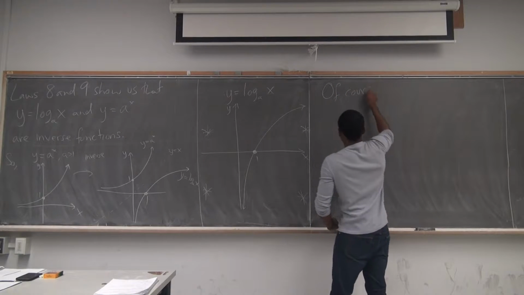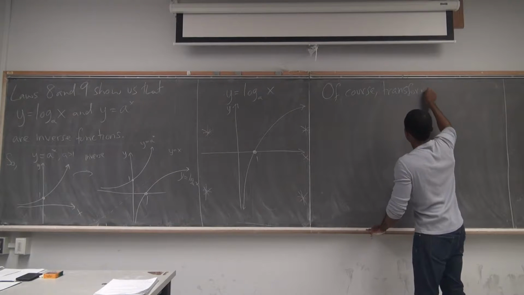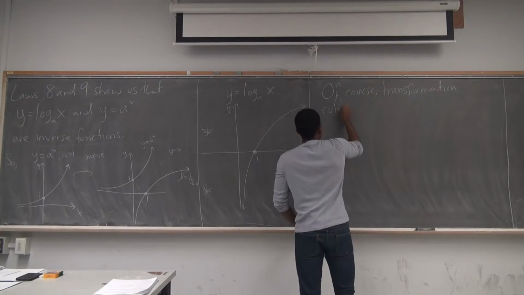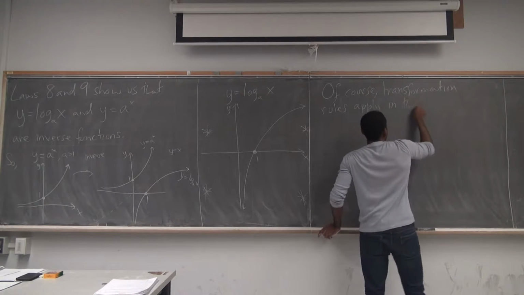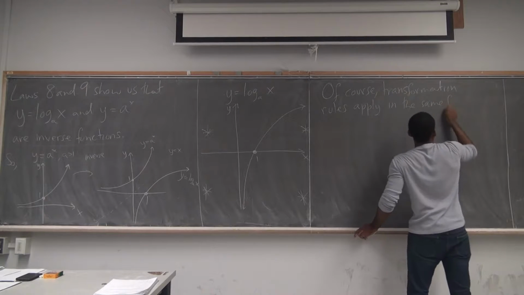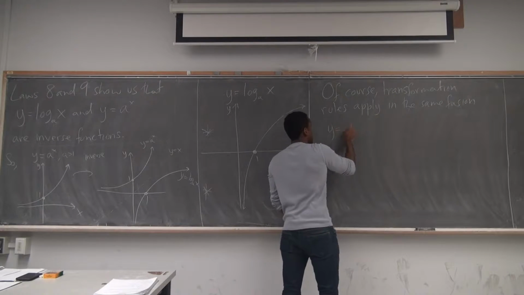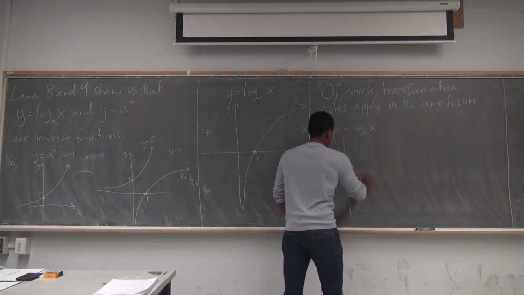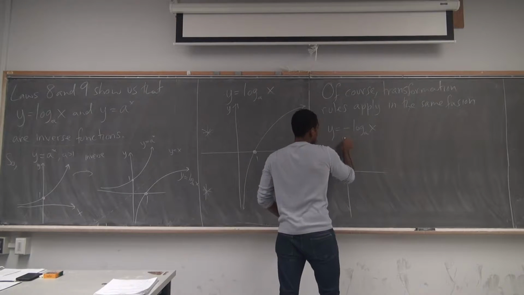Of course, just like with any other graph, transformations apply in the same fashion. So for example, if I were to graph y equals the negative of log to the base a of x, that will just flip this in the x-axis, so that would look like this.